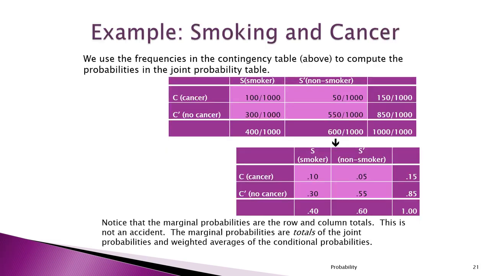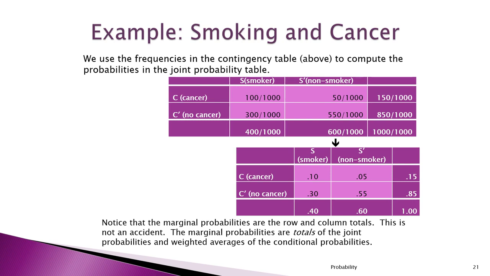Okay, here we see the joint probability table for the same data we had before. Remember, you divide through by 1,000 the frequencies in the 4 cells, you get a joint probability table, and the marginal totals we divide through by 1,000 too. And notice you got everything there. The way you read it, that's an 'and' always. The probability of being a smoker and cancer is 0.10.